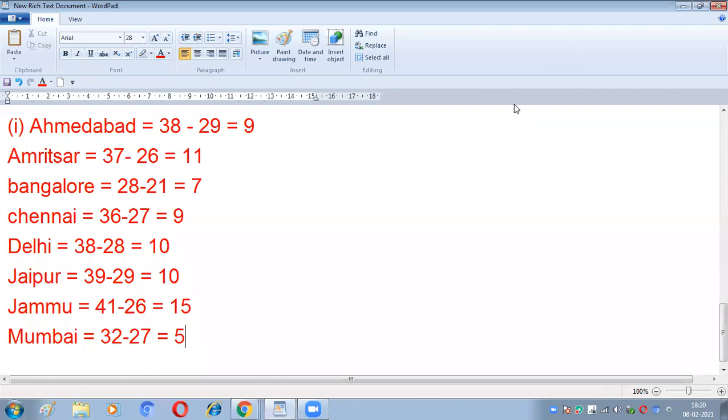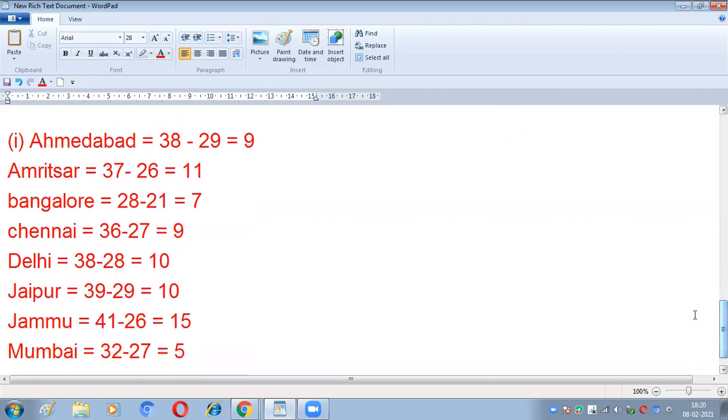So, friends, the question is asking which city has the largest difference in the minimum and the maximum temperature on the given date. Just see which is the largest number in the differences. 9 is not the largest, 11 is not, 7 is not, 9 is not, 10 is not.